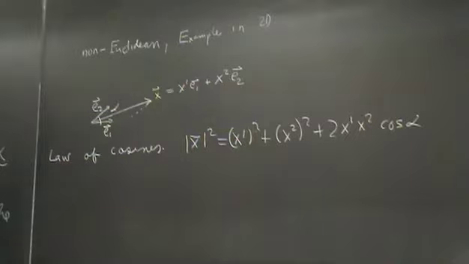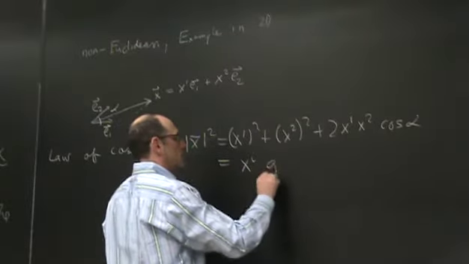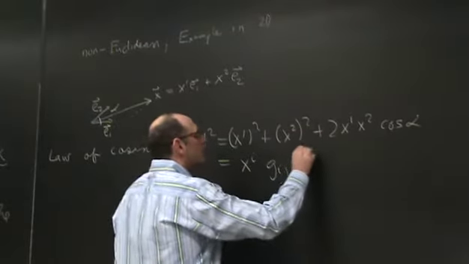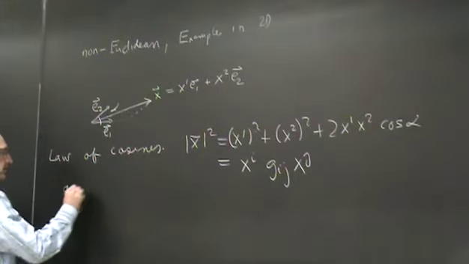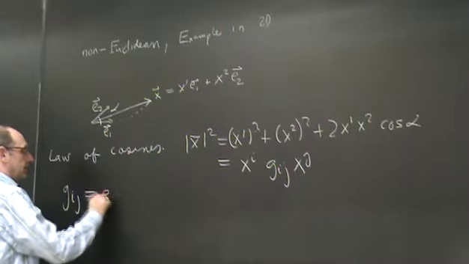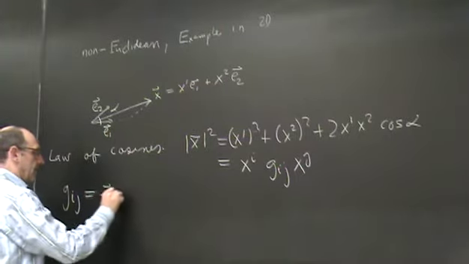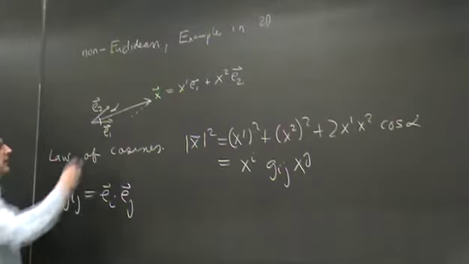And in fact, that agrees with our definition of length, where the metric is di dot dj. And that metric, we can easily write down what the metric matrix is.